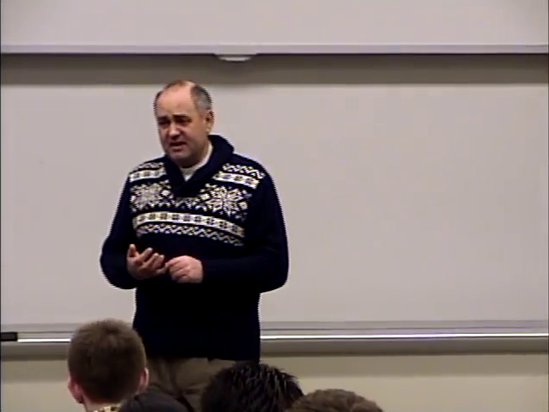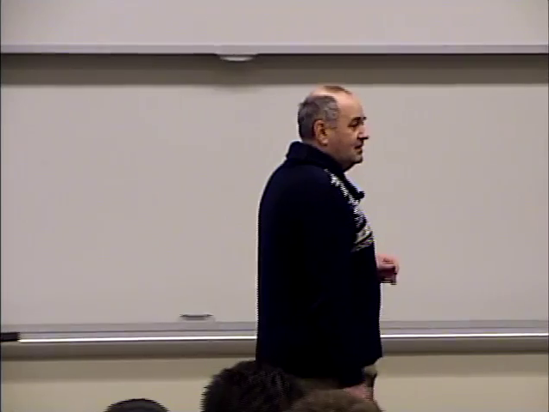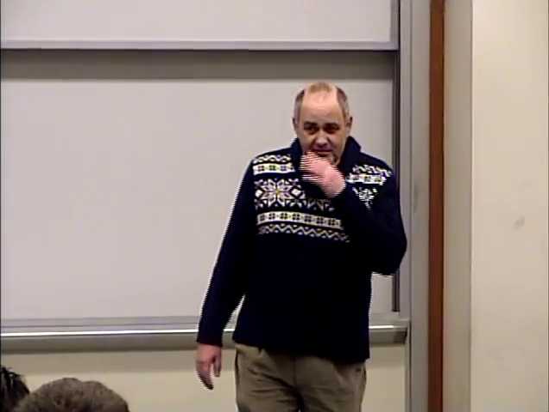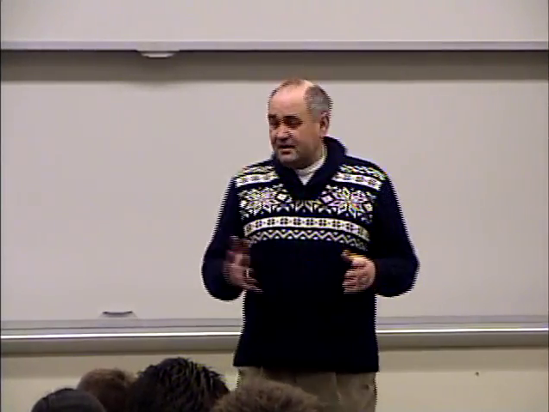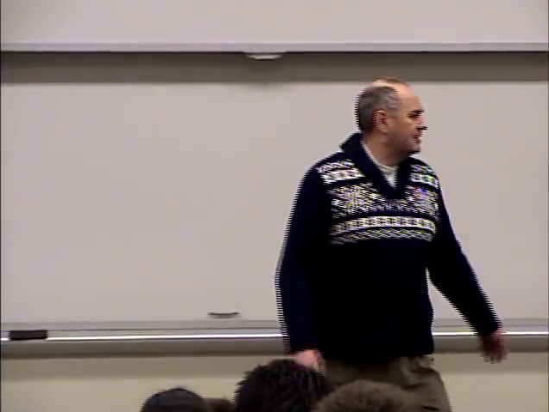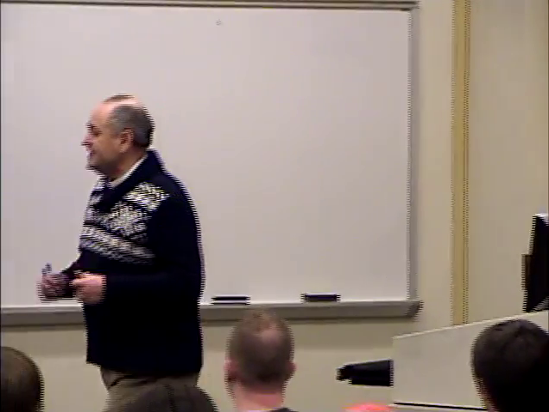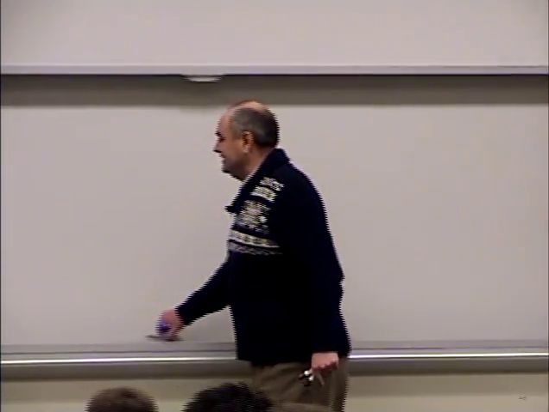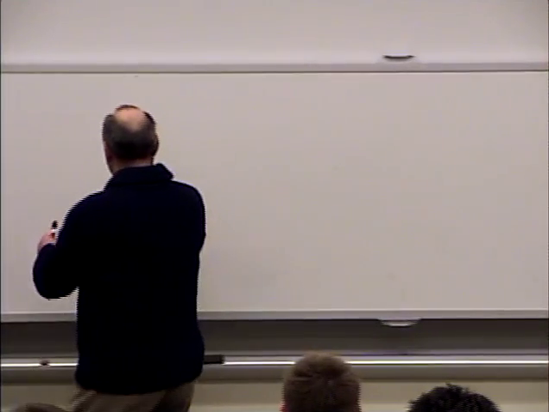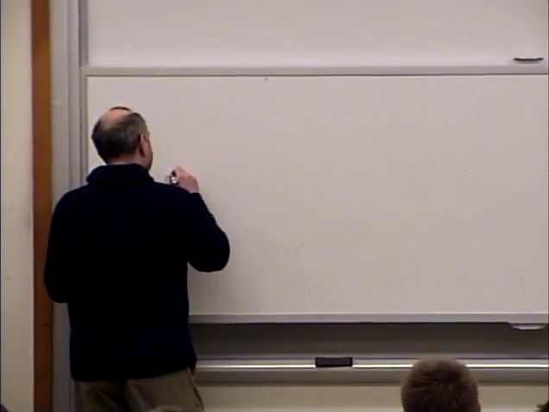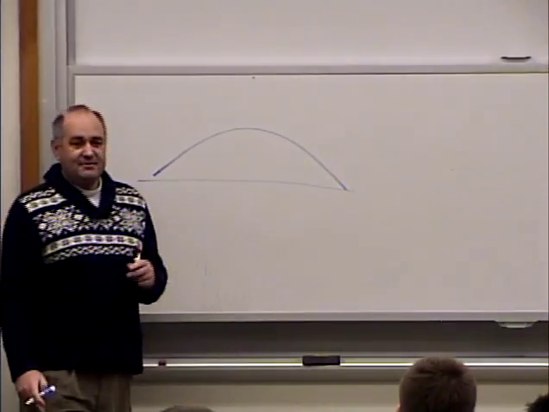However, it is an approximation. The equation which I'm going to write will assume that Earth is flat and there is no air on Earth. And if this is the case, the trajectory is in the shape of a parabola.